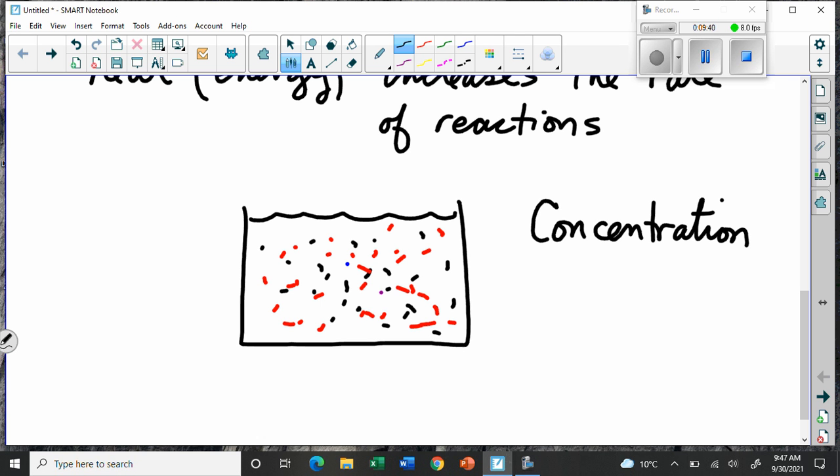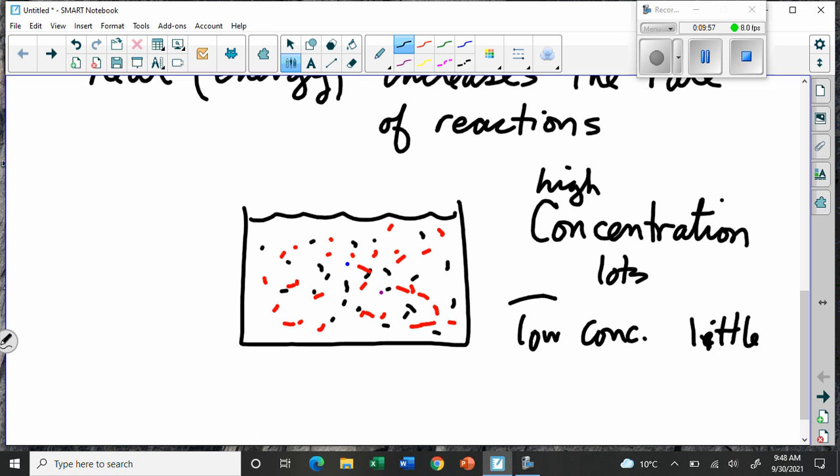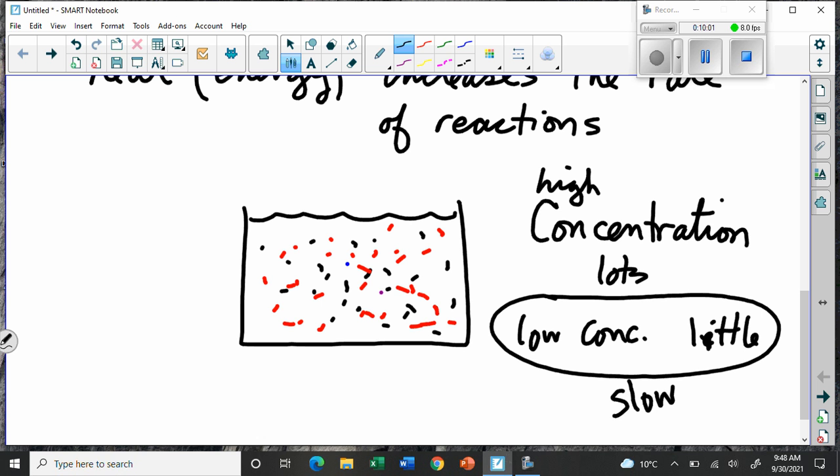And if you put lots in, you have a high concentration. So a high concentration means you have lots. But a low concentration means you have much less, or a little bit. And low concentrations, because there's only a little bit, will go slower. Reactions will go slow. High concentration will make the reaction go faster.